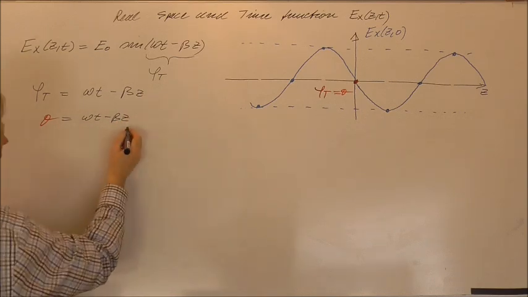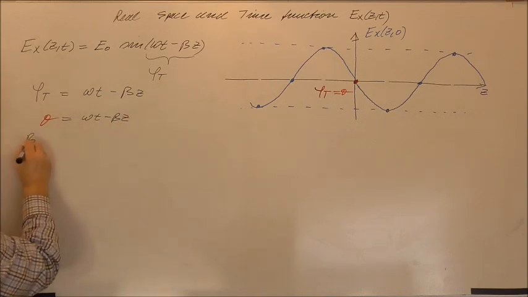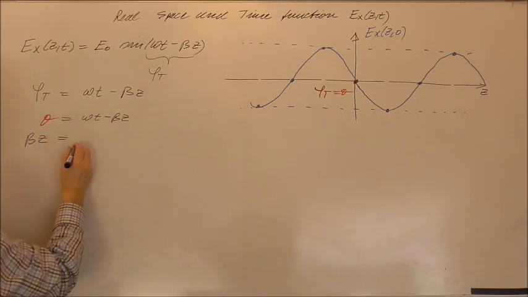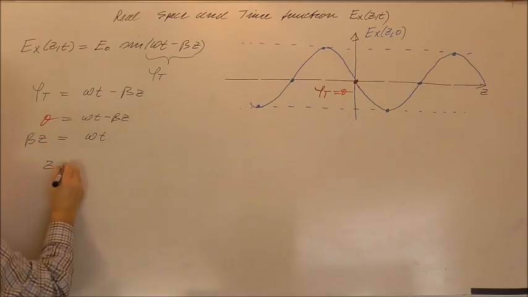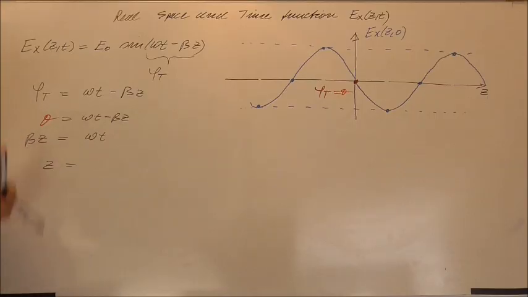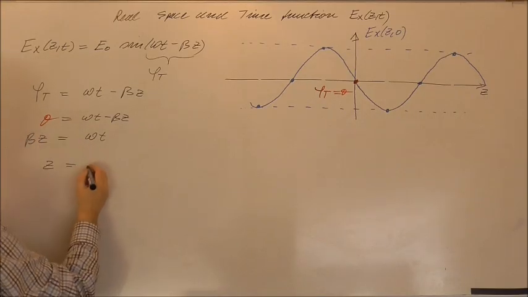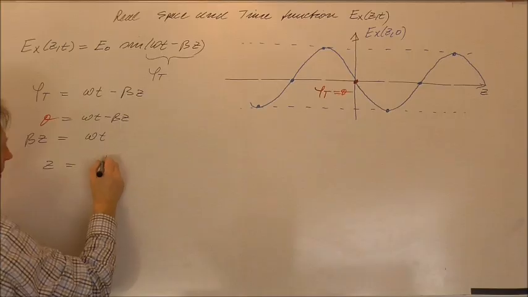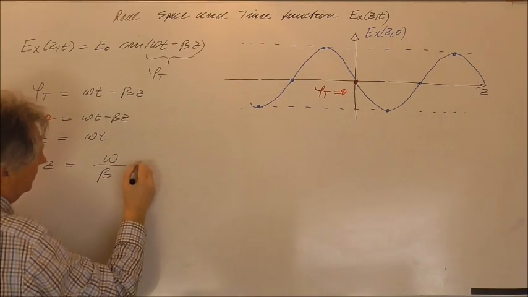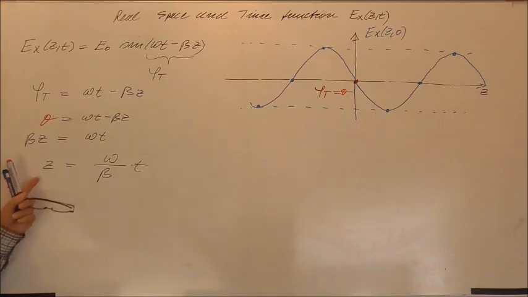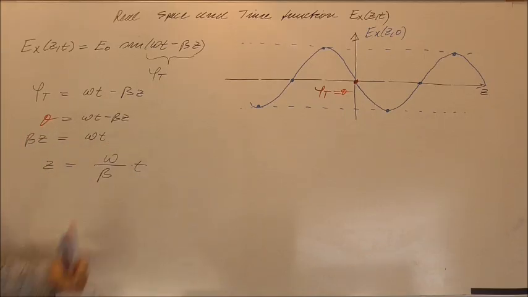From this you see that beta z is omega times t, or this point z of this red point of total phase 0 will change with omega divided by beta times t. And you see this point with the total phase 0 will move in the positive z direction, and this must be a velocity.